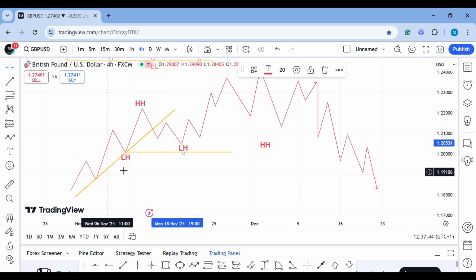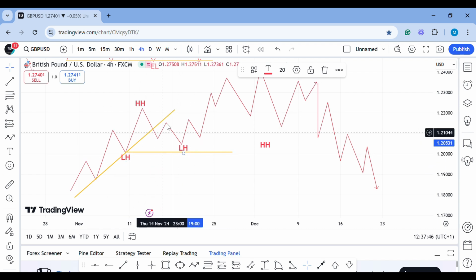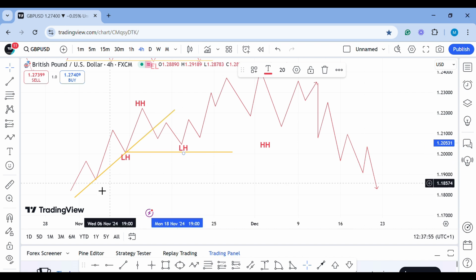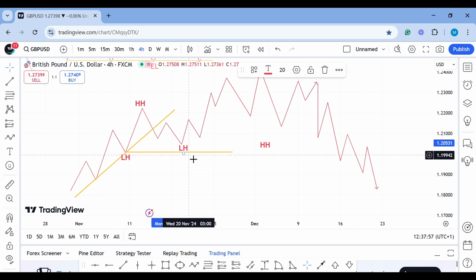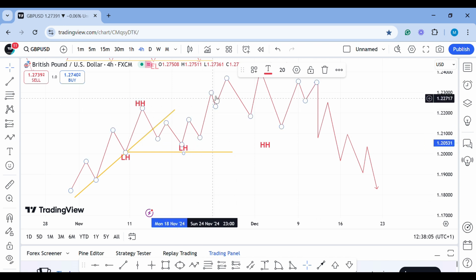You can see it does not respect the trend line. That does not mean that the market is not in an uptrend. When you plot your trend line, you can see it does not respect it, but that does not mean the market is not in an uptrend. So then this lower high gave birth to this high, as we move on.